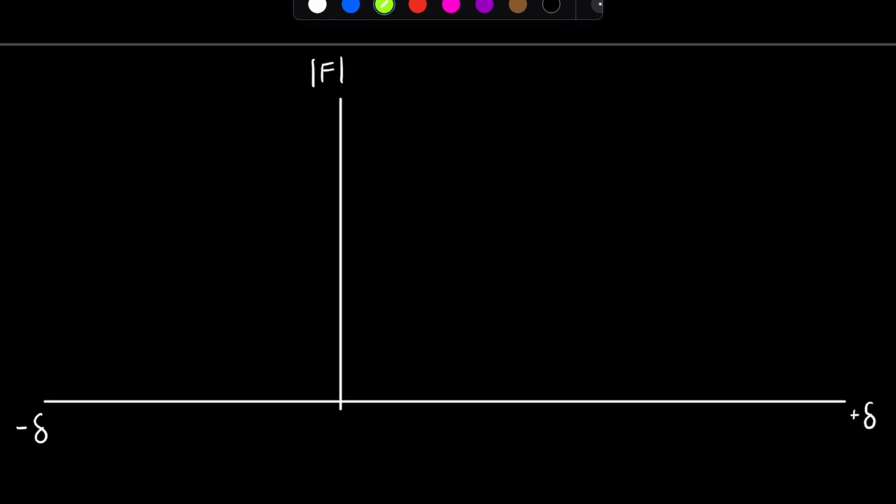When we apply our preload, the bolt is going to elongate, and the slope of this line, can you guess what it is using Hooke's law? It's kB.